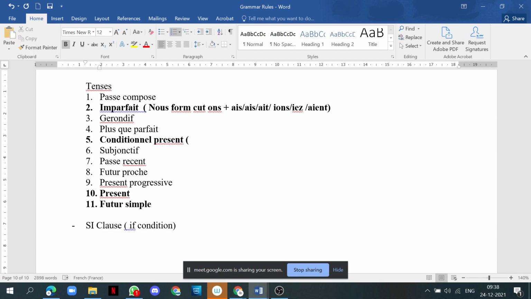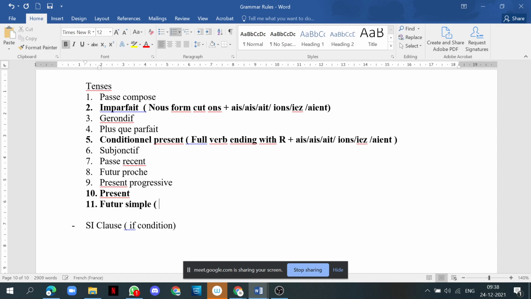Then conditional present will be having the full verb. You have to take the entire verb ending with R, and then add the imperfect endings.